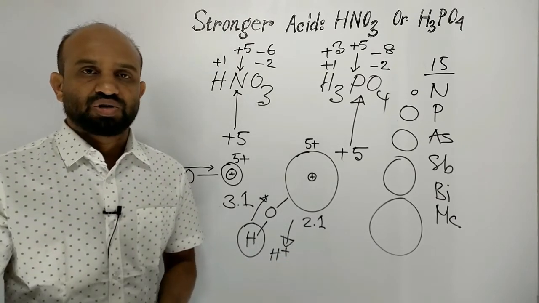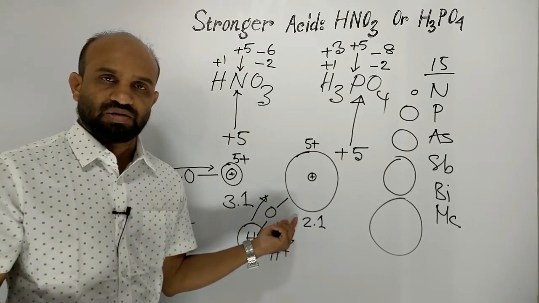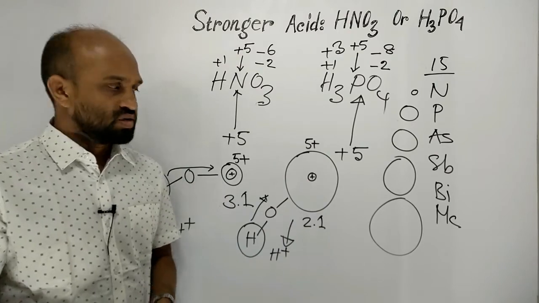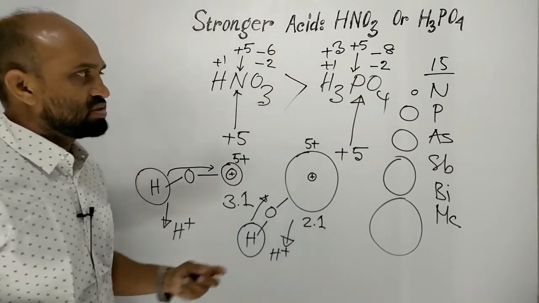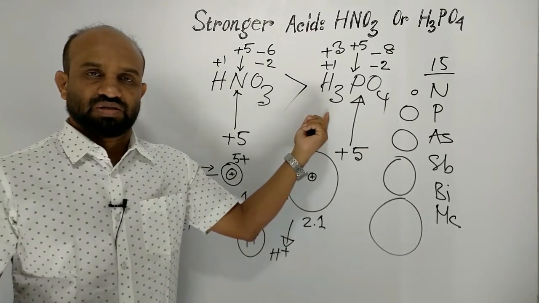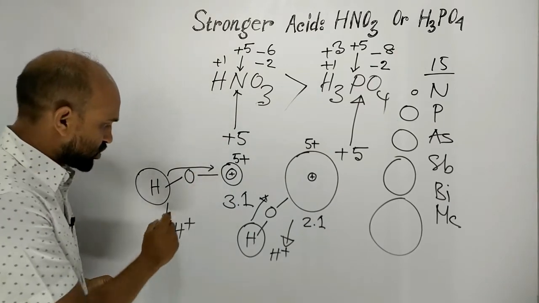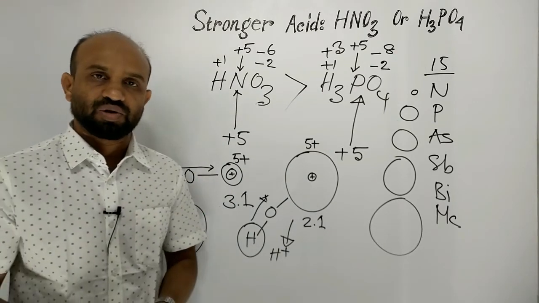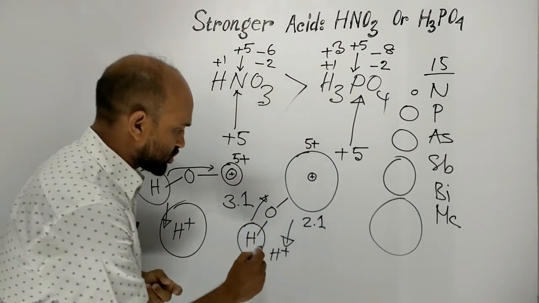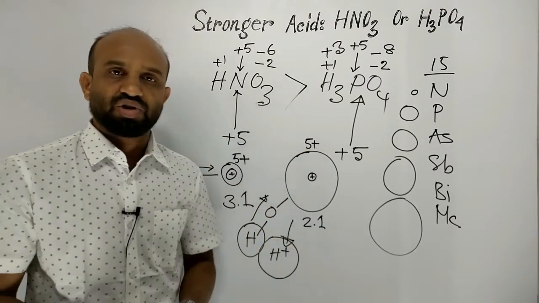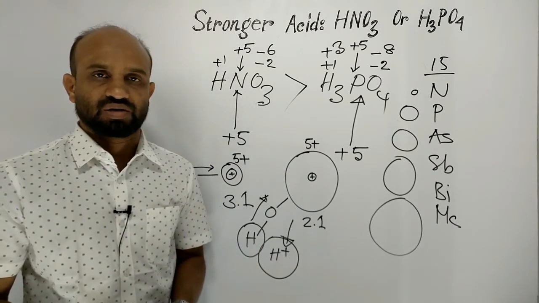This is hard to produce proton for phosphoric acid. That is why nitric acid is a stronger acid than phosphoric acid, because nitric acid produces proton easily and comfortably, but phosphoric acid produces proton laboriously, or it produces proton hard.